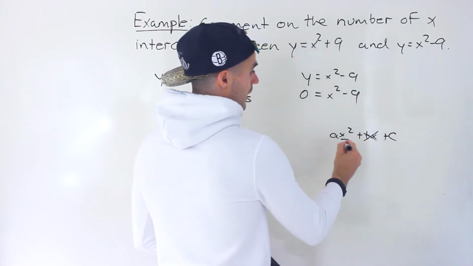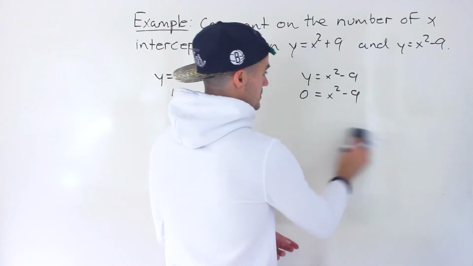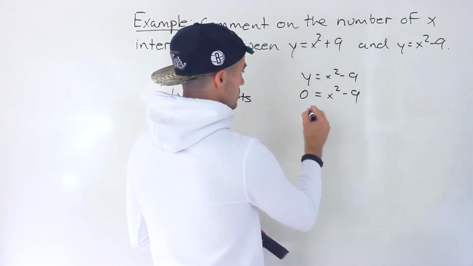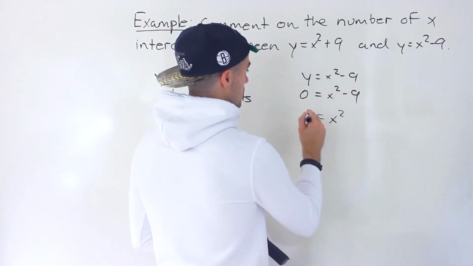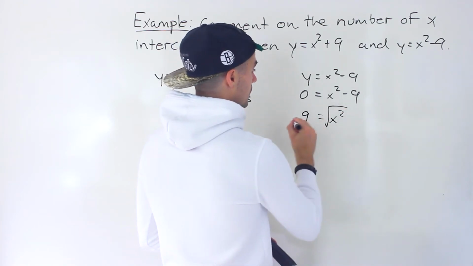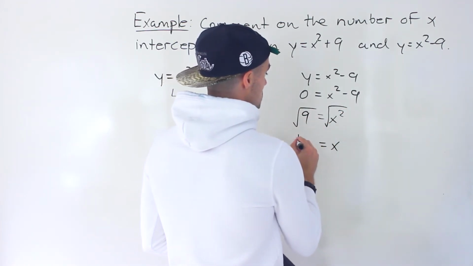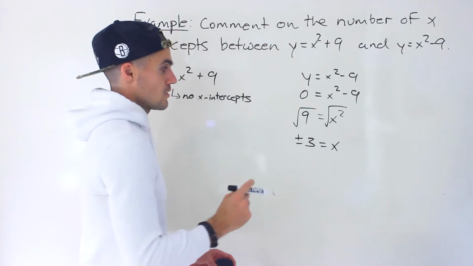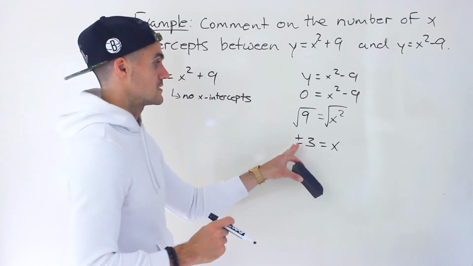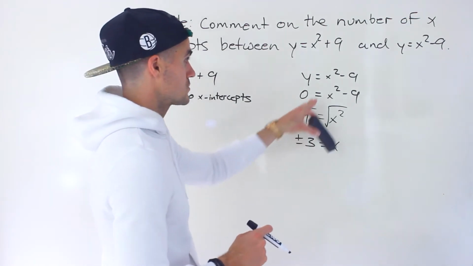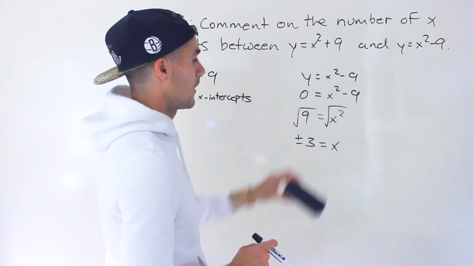There's only one x value to isolate, so it's not too bad. We bring the 9 over, we end up with x squared equaling positive 9 this time, and when we square root both sides, we get x equals plus or minus 3. So there are two x-intercepts in this case. Both of these x values would give you a y value of 0.